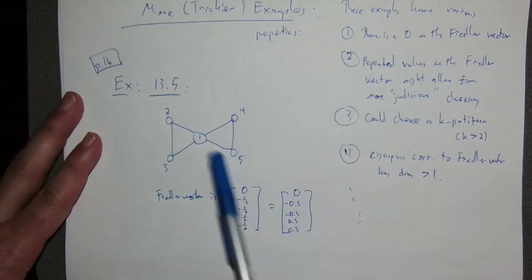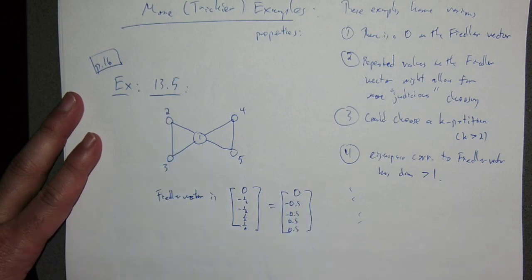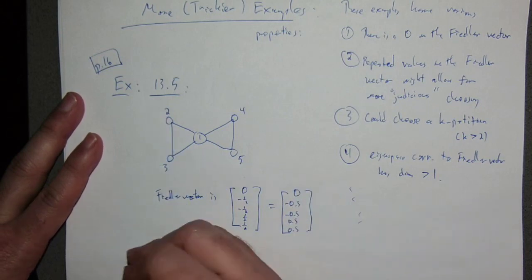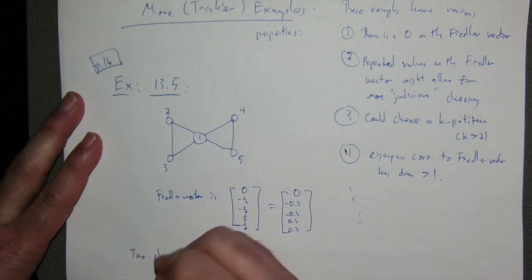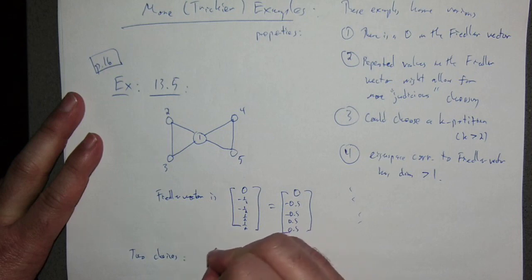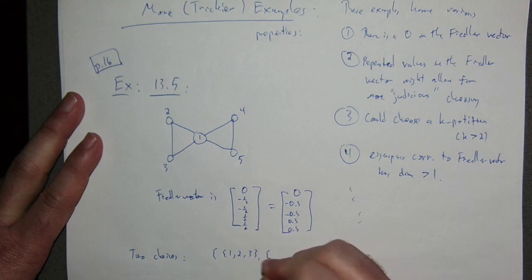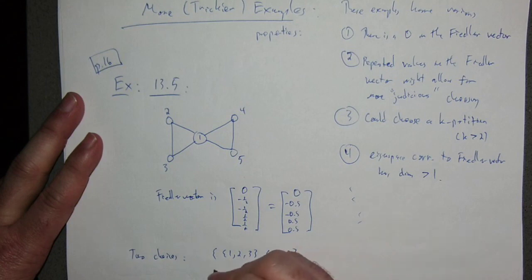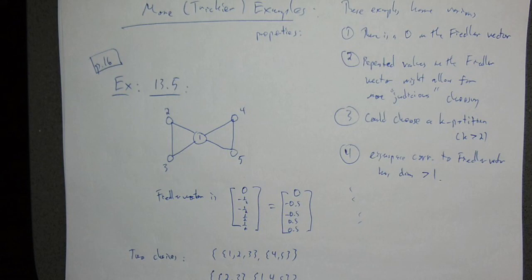I could group vertex 1 with 2 and 3, the negatives, leaving 4 and 5 together, or group it with 4 and 5. And I can't really say which one is better, because they have the same properties.